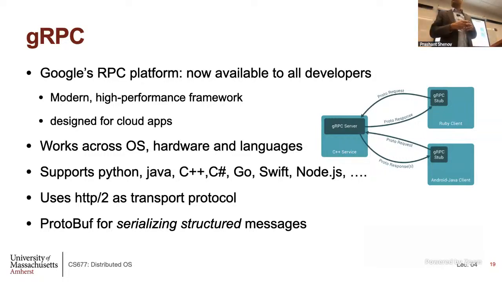So what this means is it has to be more general, because you have to allow Python code to talk to Java code. It supports a whole bunch of different languages. You can write your code in Python, Java, C++, C#, Go, Swift, Node.js. They all support gRPC. So regardless of the language you picked, you can write your client in any of these other languages. They interoperate. They just work.